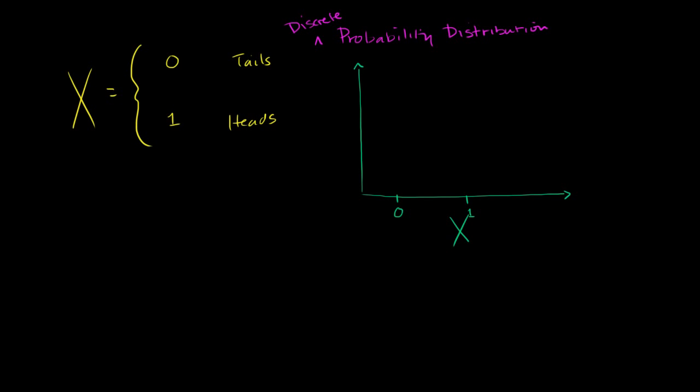And then here on the vertical axis, I'll plot the probability of getting any one of those outcomes. And so the person tells you, okay, the probability of getting a 0 is 50%, so they draw a little bar here. It's like a histogram, a bar chart. This goes right up to 50%, which I'll draw as a decimal, 0.5.